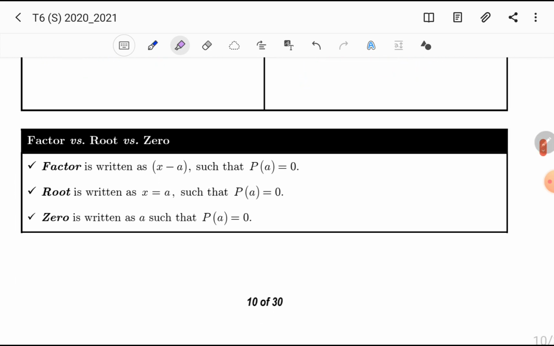Factor, roots and zeros. Okay. So factor is written as x minus a. For example, kalau saya ada x plus 2 times x minus 1 equals 0. So from here we will get x equals negative 2 and x equals 1. Okay.